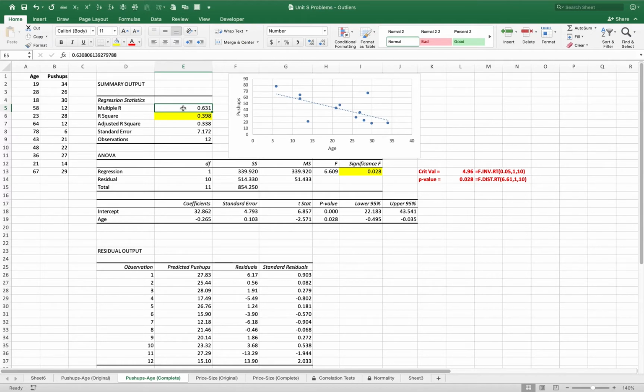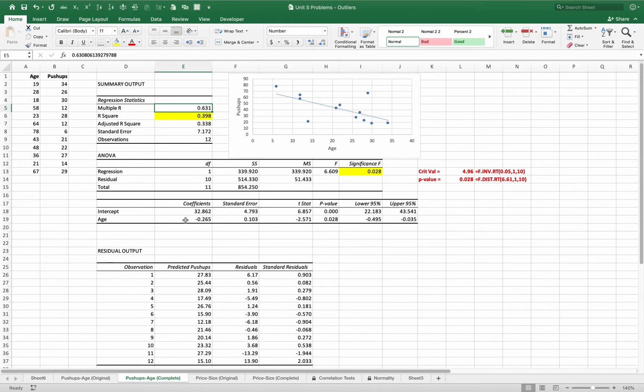If we were to put a negative in front of that, that's the r that we calculated in unit C, and then again at the bottom of page S6. That's the Pearson r, the correlation coefficient between x and y. Now, it always shows up as positive up here, but what you do is you go down here to the slope coefficient. So this is your B1 value, and it's negative. So if it's negative, then this is negative as well.